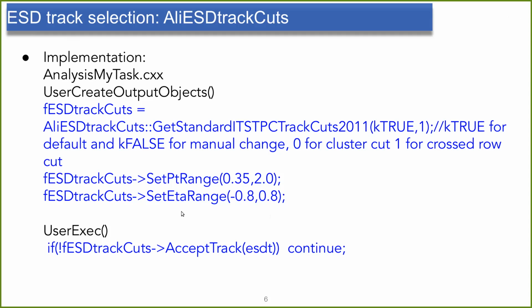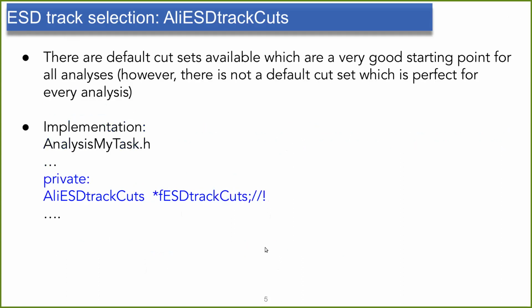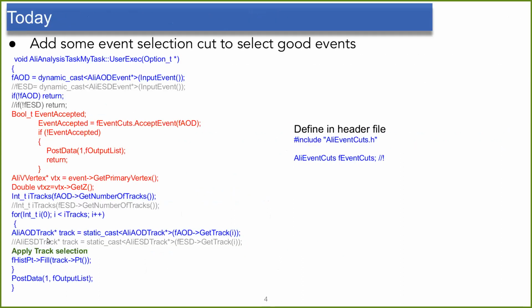Then after defining this cut, one can directly check if your selected track in the event loop has passed this set of track cuts or not. If it has passed, then you can use it in the analysis, and if not, you can just continue. You will not use it in your analysis, and you can do it by just calling AcceptTrack and putting the track object, for example the ESD track, in the argument.